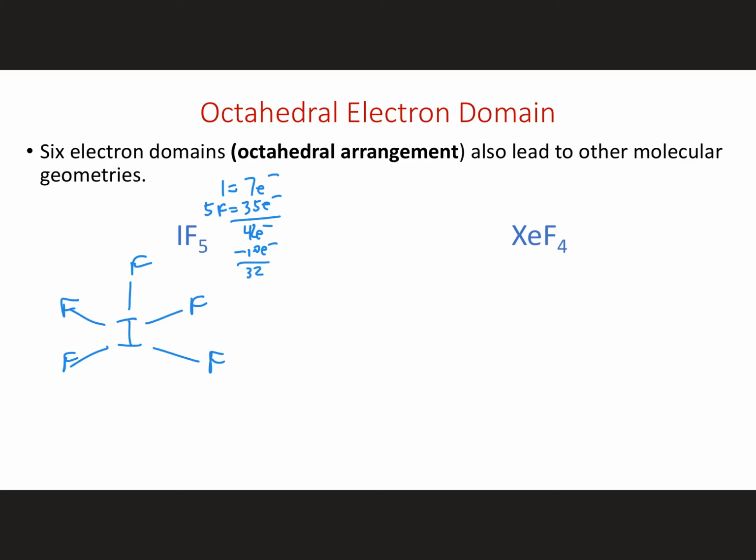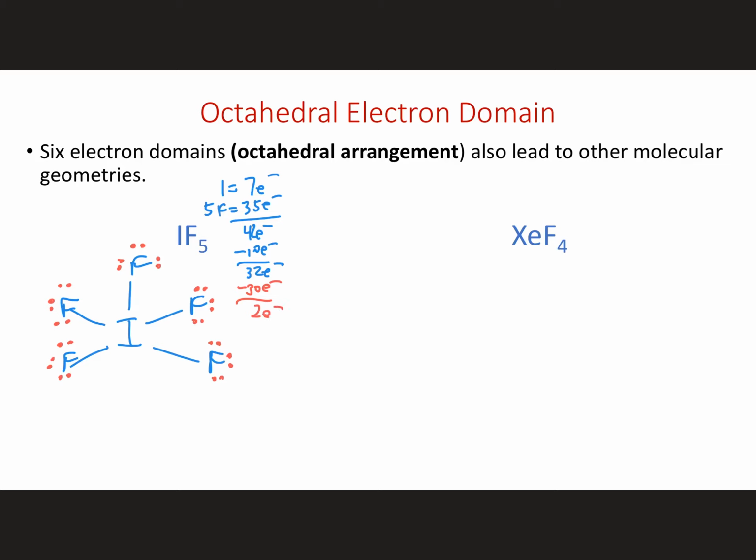I have 32 electrons left. Fill the octet of fluorine. So there's 6, there's 12, there's 18, 19, 20, 21, 22, 23, 24, 25, 26, 27, 28, 29, and 30. So I have 2 electrons remaining.